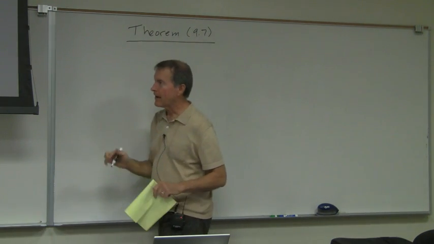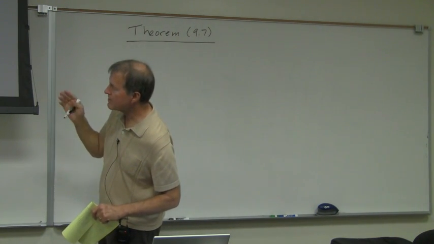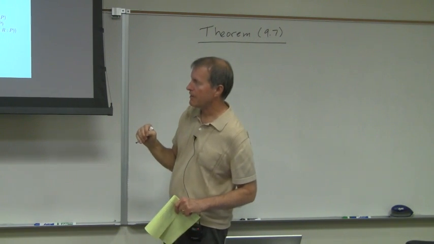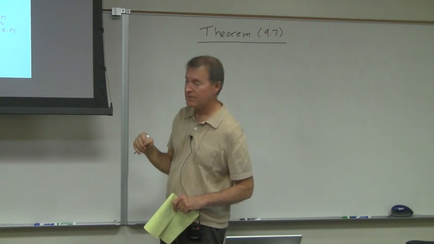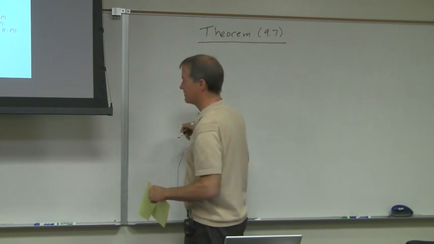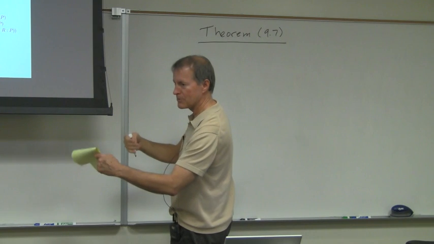All right, now let's think about this for a moment. What does 9.7 say? Well, 9.7 is a great big implies. The antecedent is on the left, the consequent is on the right.